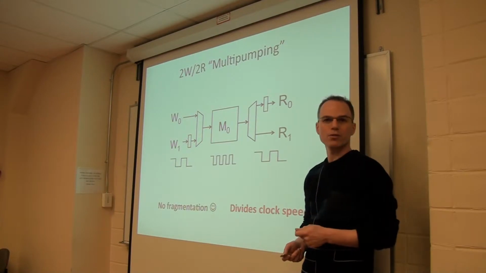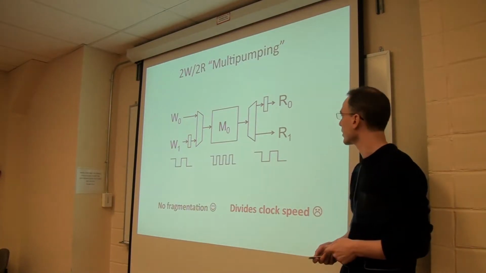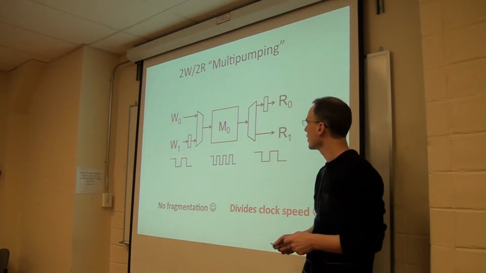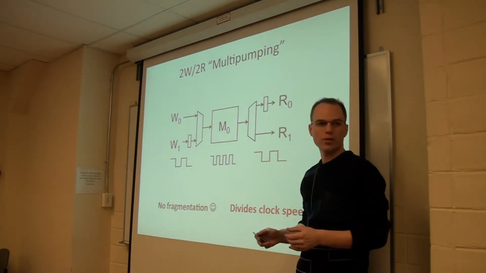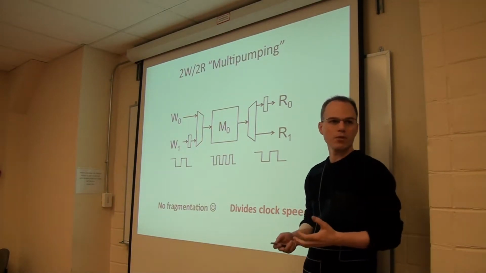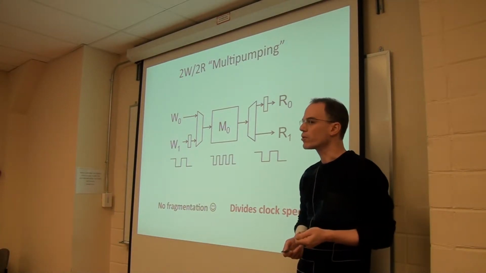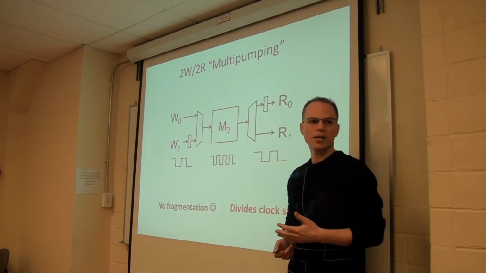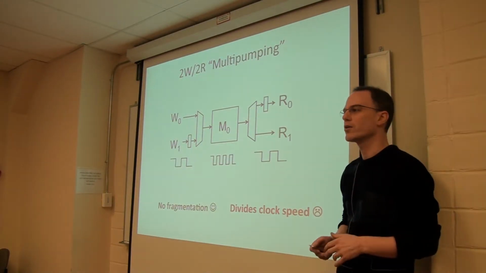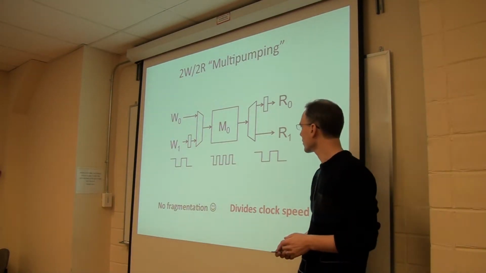An example of a good solution is multipumping. So this is the idea that from the outside world, you look like you have some number of write ports and read ports. Internally, you have a simpler memory with fewer read and write ports that you're clocking at some multiple of the external clock signal.